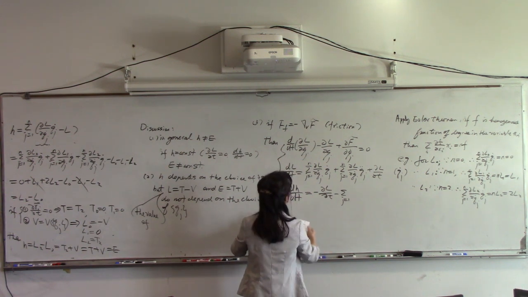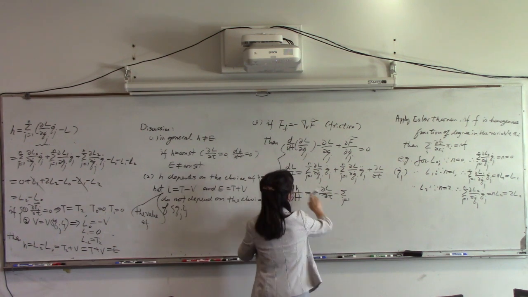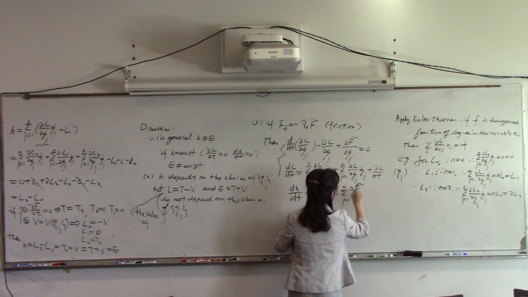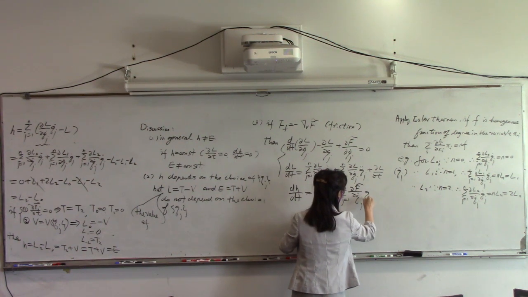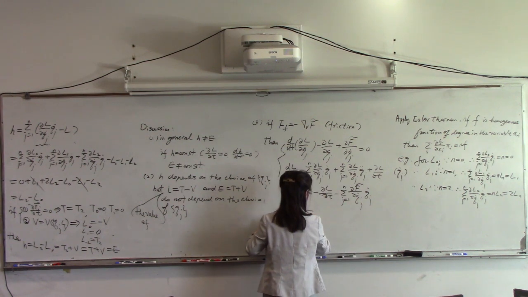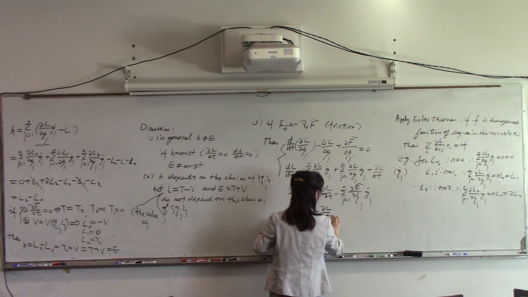That is for each one. Then we have a summation, so that is a partial. And to this one we apply the Euler theorem, that is minus partial L, partial t, minus 2.